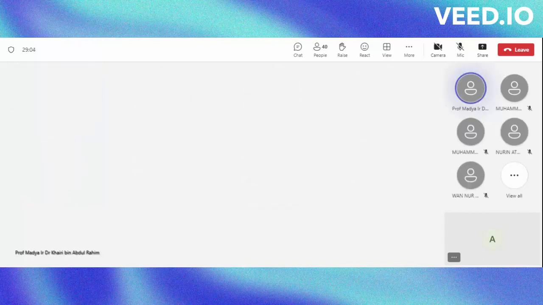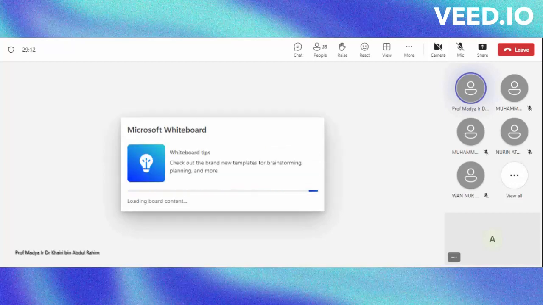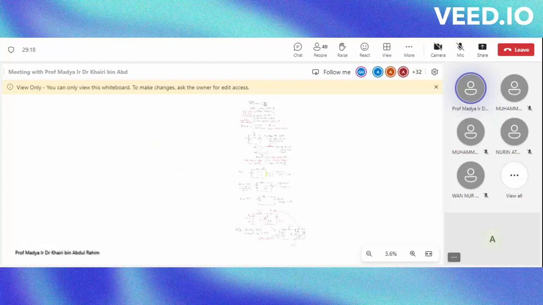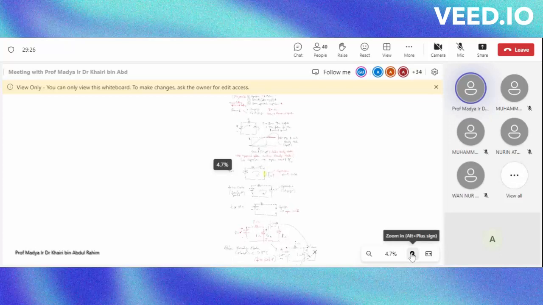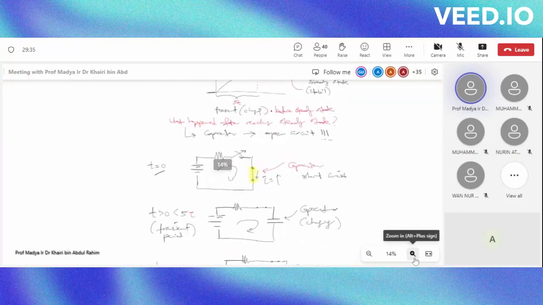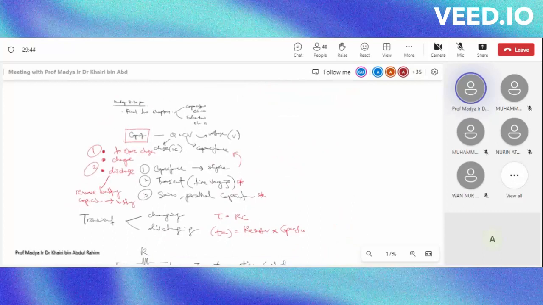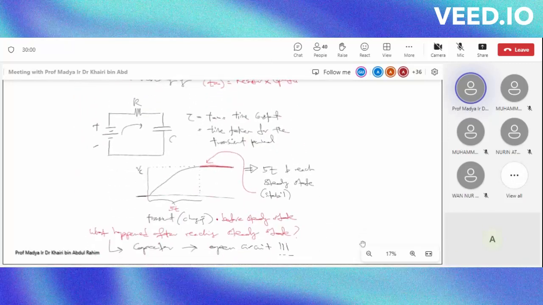So coming back to our whiteboard. For capacitance, the equation is similar to parallel resistance, which is 1 over Ct equals 1 over C1 plus 1 over C2 plus 1 over C3 and so on.